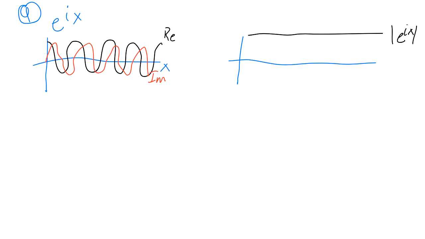The modulus of e to the i something real is just going to be 1. It's only if we've got a real exponent that the modulus changes. We could actually do this a little bit richer, though. What we can do is this. I'm going to draw over that line. This is supposed to be on top of that line.